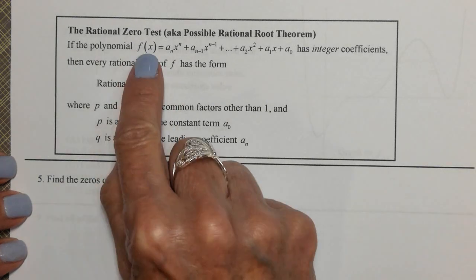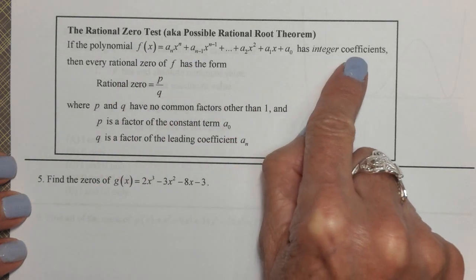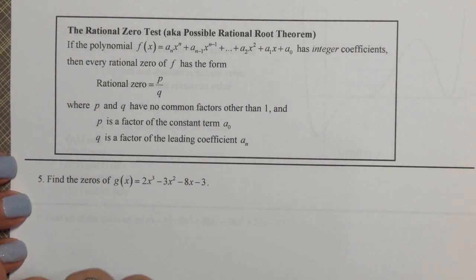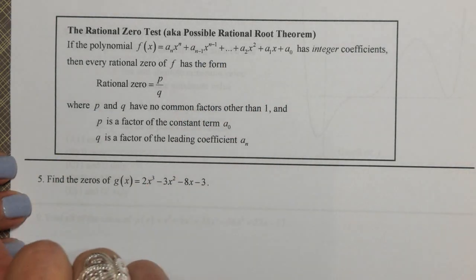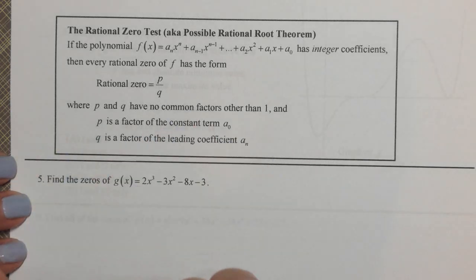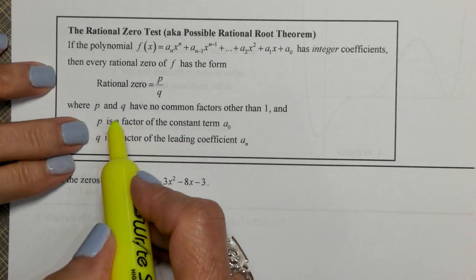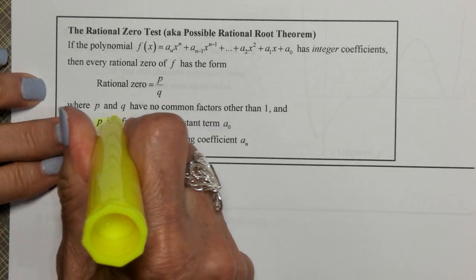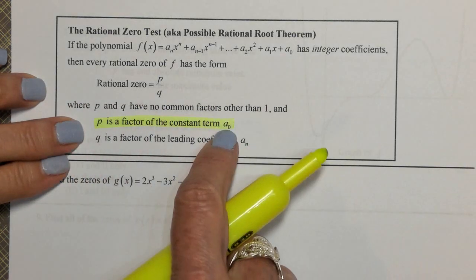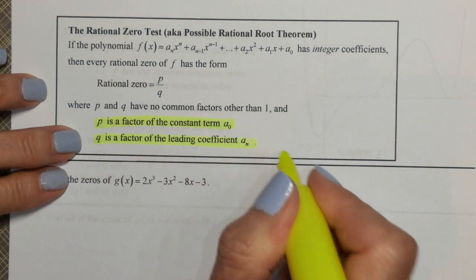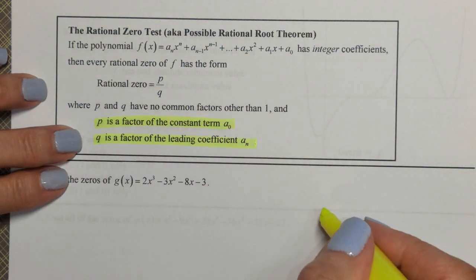Okay? If your polynomial function has integer coefficients, they have to be integers, they cannot be fractions or anything else, then every rational zero has this form, where p is a factor of the constant term, the very last term with no x, and q is a factor of the lead coefficient.